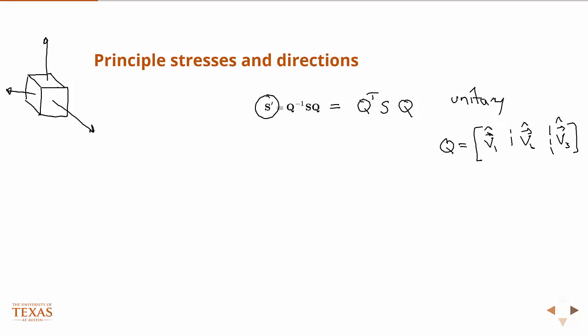So a unit vector v1 hat would be equal to the vector v1 divided by its magnitude. If you use the eigenvalue function in MATLAB, the eigenvector matrix that it returns is unitary. It is made up of the unit vectors automatically.